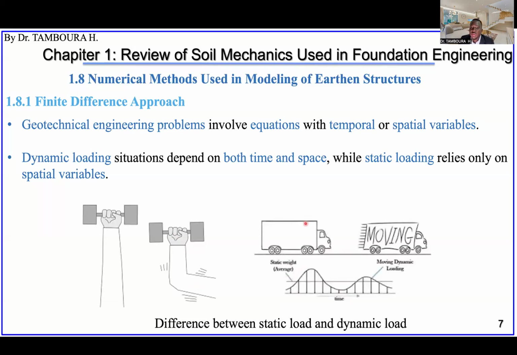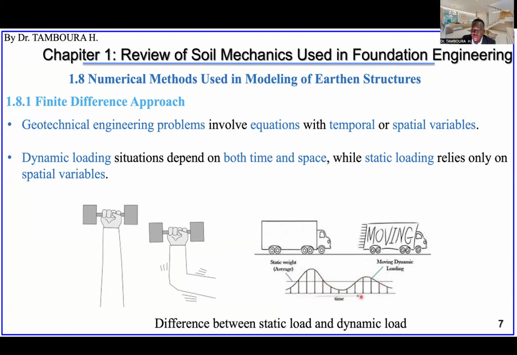Another example is this one. Suppose this car is standing. The load of the car is a static load. It can be considered as this line: in time, the load is not changing, about average, this line. However, when the car is moving, the curve of variation of the load in time is like this.